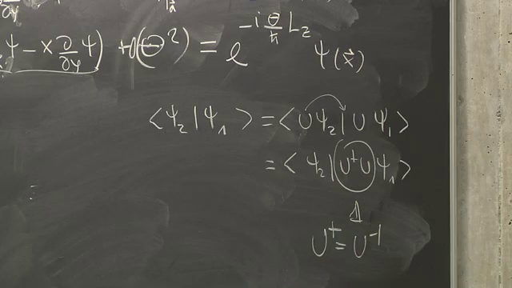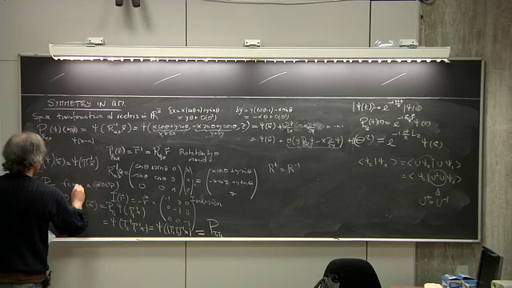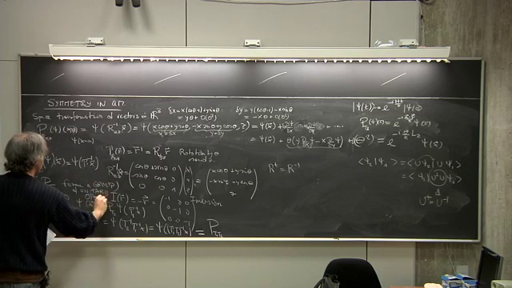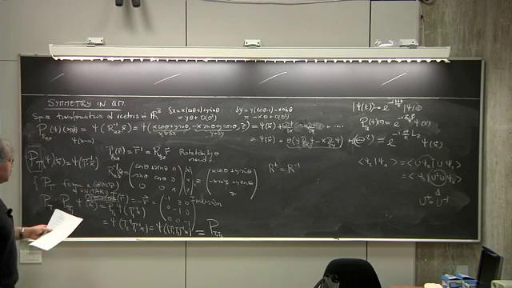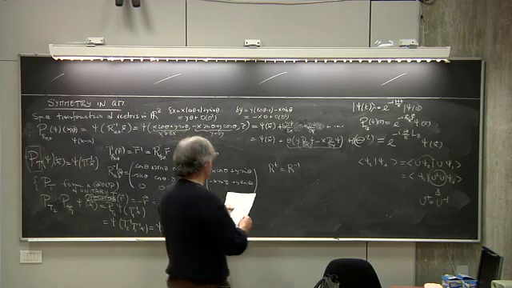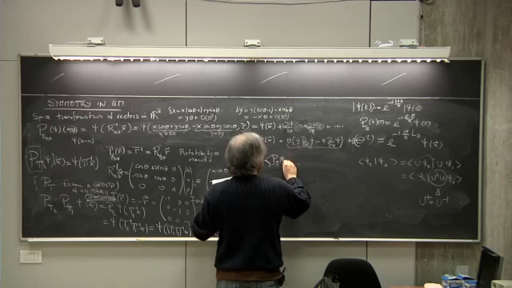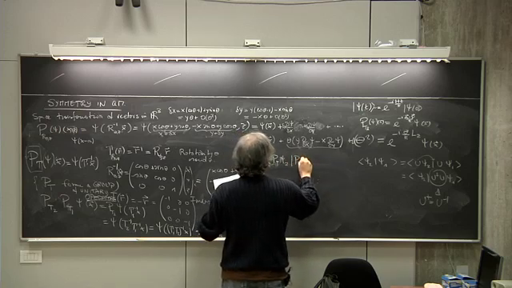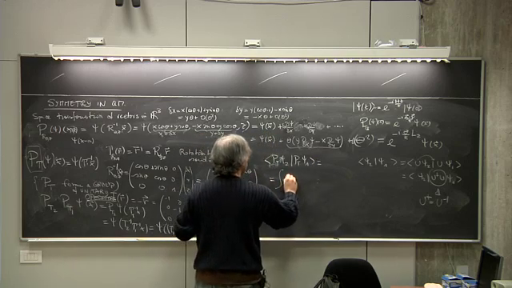Very good. So let us prove that these P of T are all unitary. This is very simple. Let us calculate directly psi2, P of T psi1. What does it mean? It means an integral in dx.